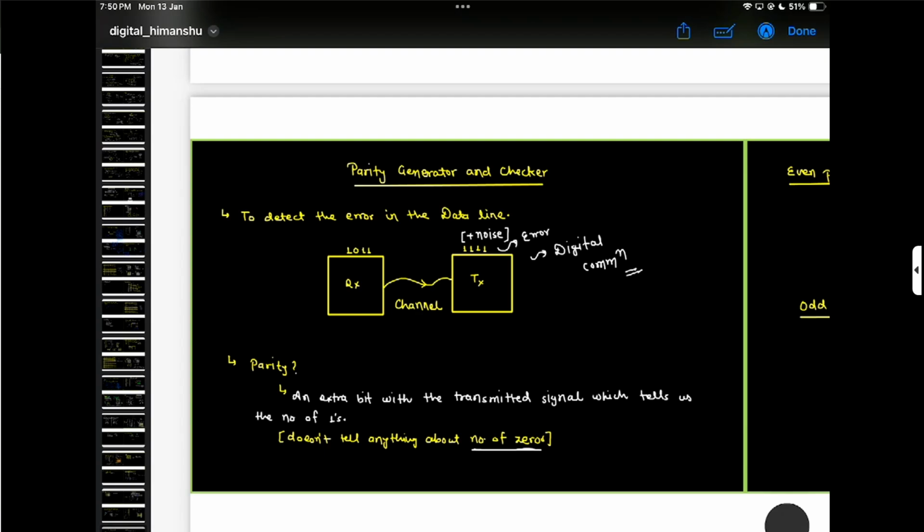For example, 1011 goes from TX to RX over the channel. Parity is an extra bit sent with the transmitted signal which tells us about the number of ones; it does not tell anything about the number of zeros.